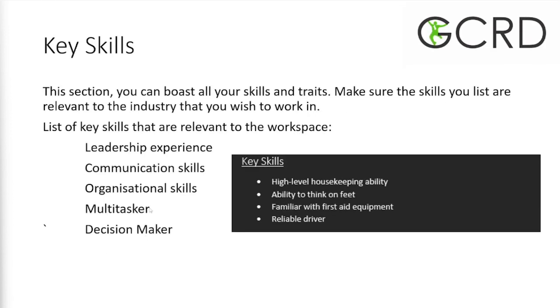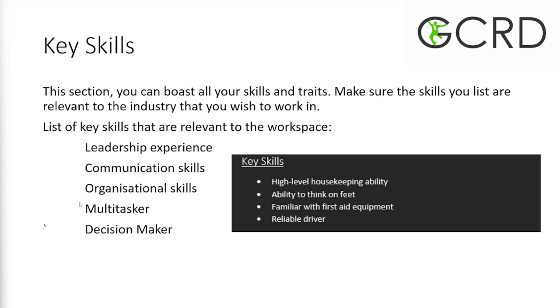So in the key skills section, boast all the skills and traits that you have. For example, if you want to work in the healthcare industry, you can talk about your high level ability to housekeep, or that you're familiar with first aid equipment. You can also include things such as leadership experience, communication skills, organizational skills, if you're a multitasker or you're a good decision maker.